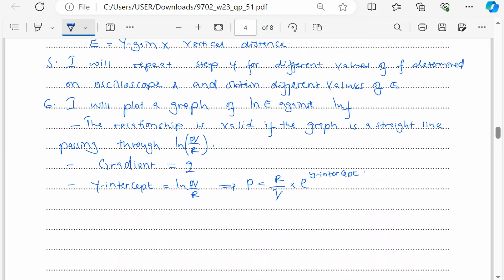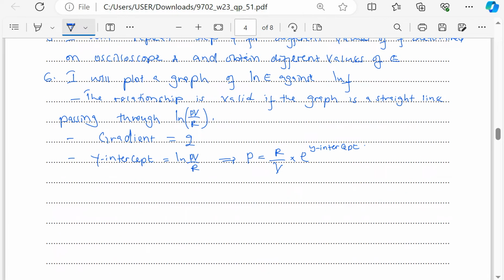If you have used the log, it will be 10 to the power of the log. But since I've used the ln, it is e to the power of the y-intercept. Okay, that is for the analysis part.